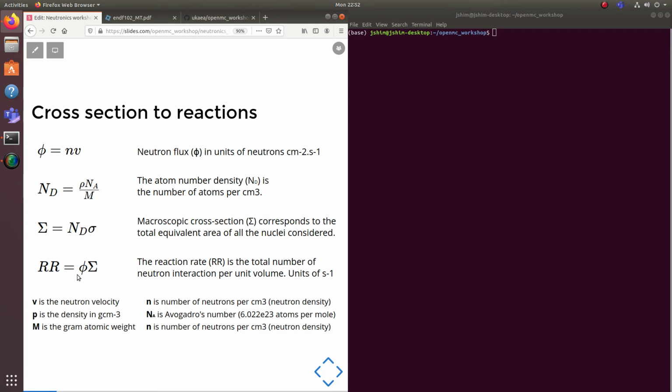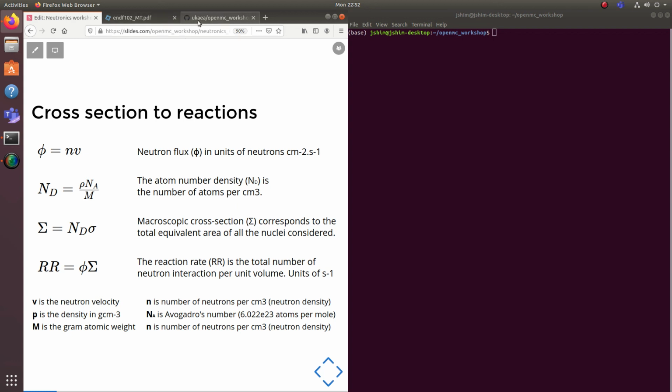And then your reaction rate is simply your macroscopic cross-section multiplied by your neutron flux, and that will give you your reaction rate. Remember, this microscopic cross-section is a function of energy, so you need to know the energy of the incident neutron to find out the reaction rate, as well as the number density of the material, and the neutron flux.